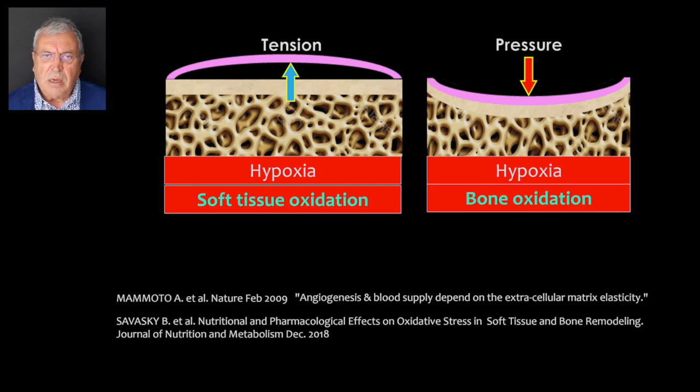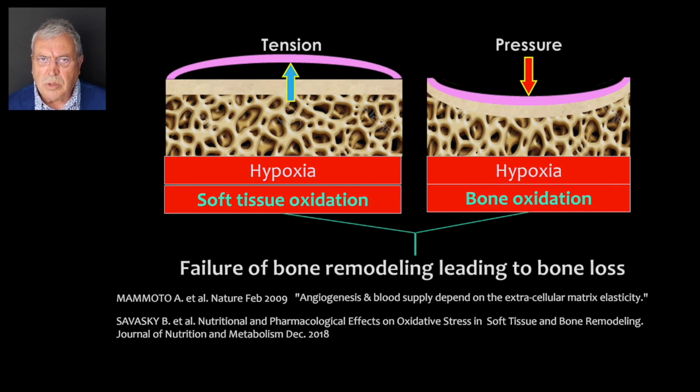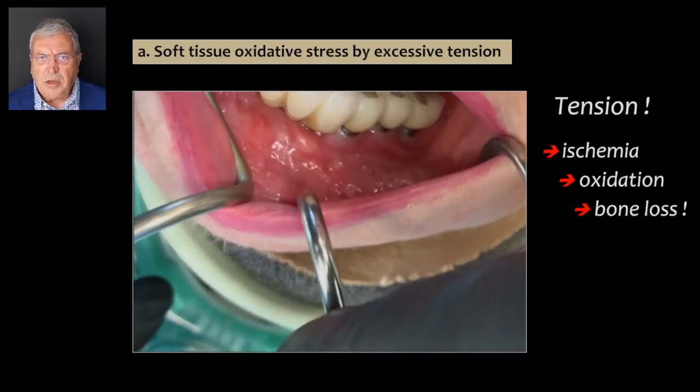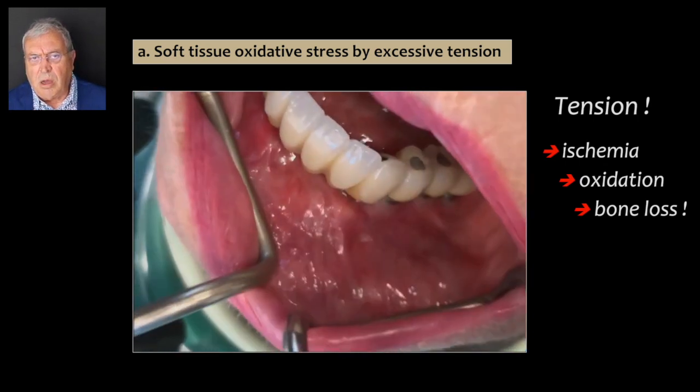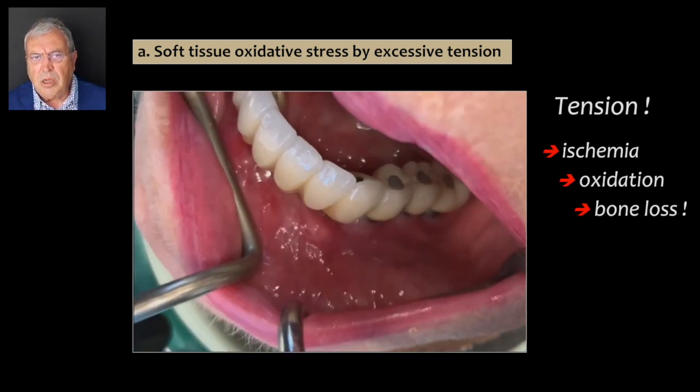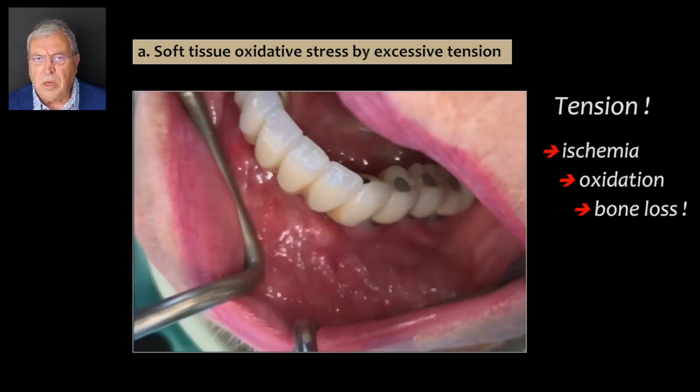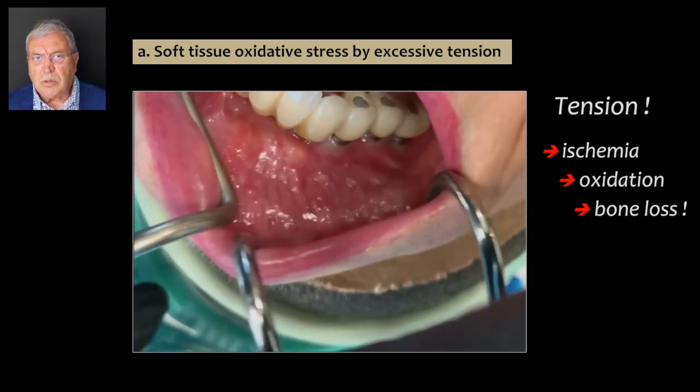Then we meet oxidation, and oxidation leads to bone loss by the failure of the bone remodeling. Soft tissue, when it's in tension, becomes ischemic and it will induce bone loss.